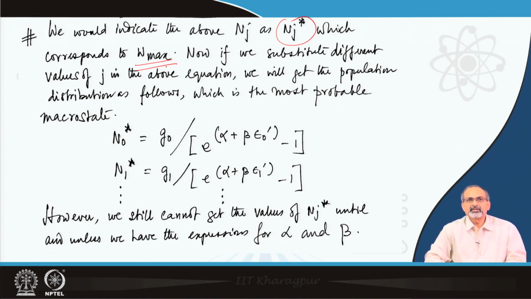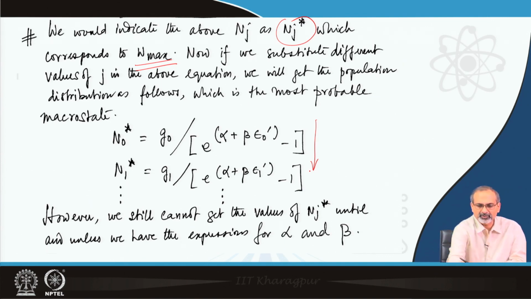Now, if we substitute different values of j in the above equation, we will end up getting the population distribution in this manner, starting from the lowest energy levels. And therefore, you can understand that once you are given such an expression for the population distribution, you can get the exact number of molecules available at the different energy levels.